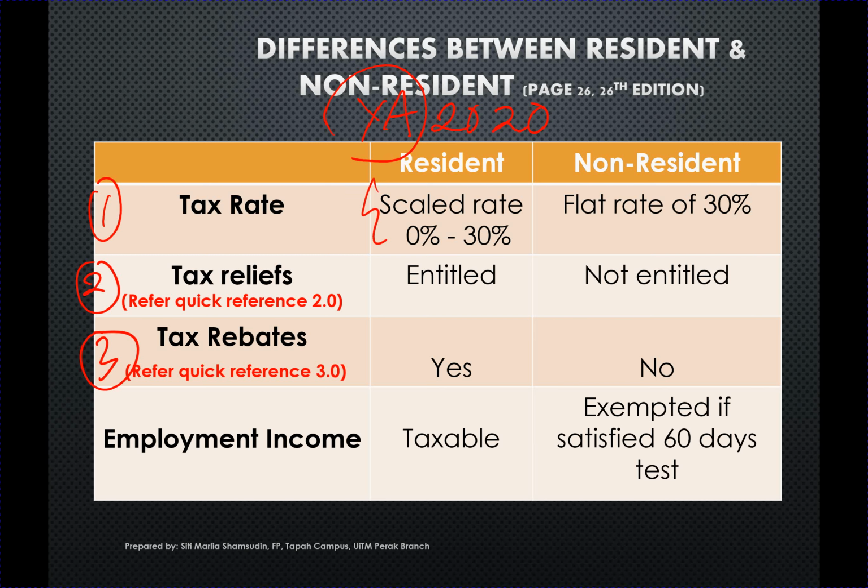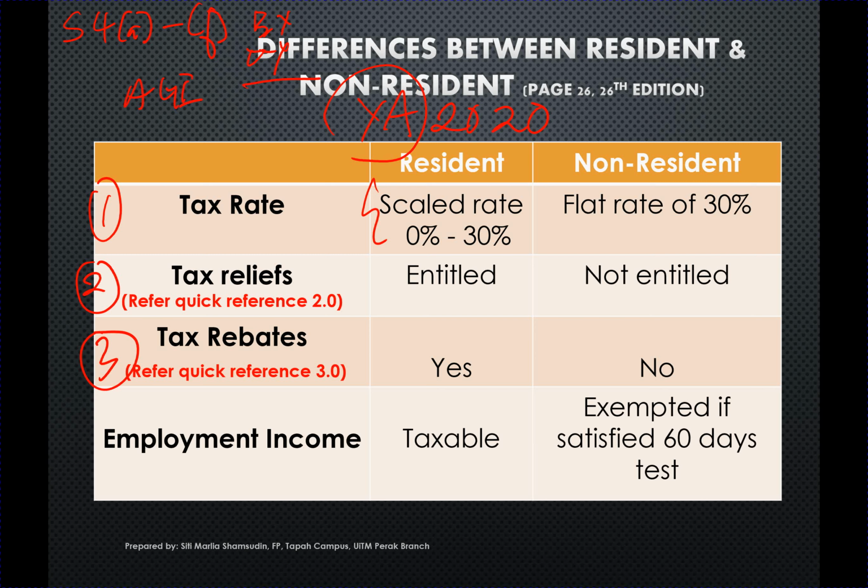The scale rate depends on your income. I mentioned earlier, our income comes from section 4A to F, where we have business income, employment income and so on. We compute all these incomes and you will get the aggregate income. You don't have to worry about the format yet, because we are going to come to this later on.